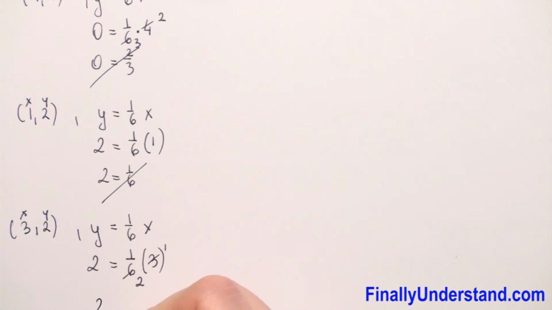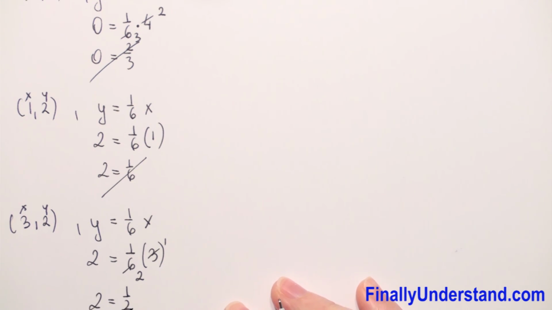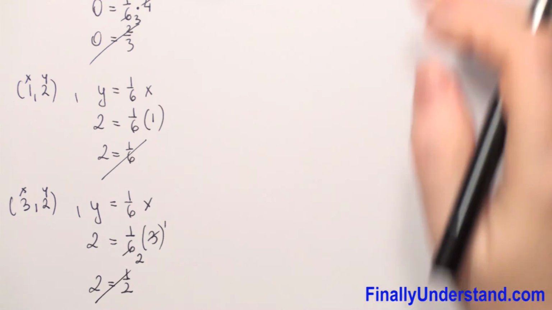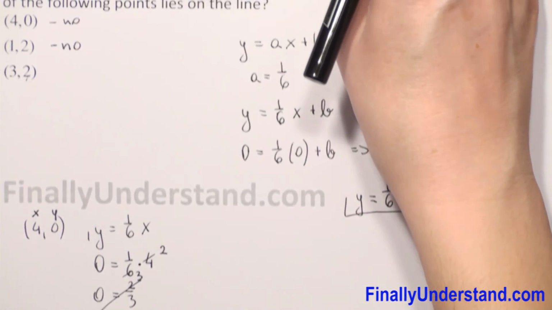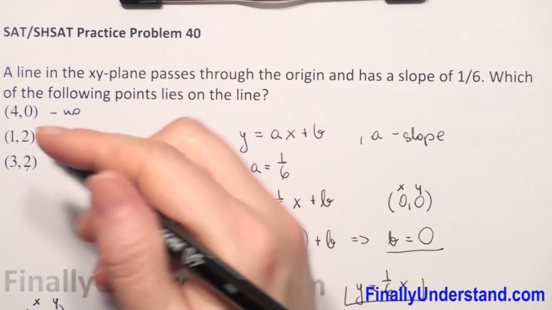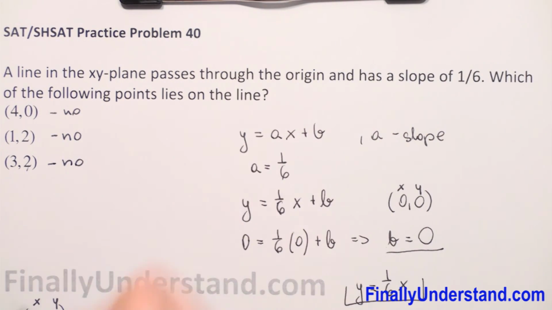So we have 2 equals 1/2. It's not true. So it means that the third point also doesn't belong to our line. This is my solution.